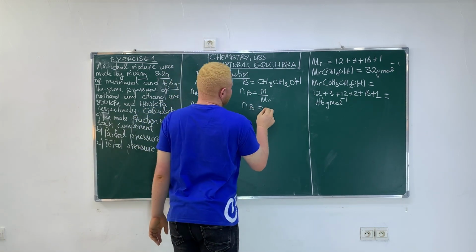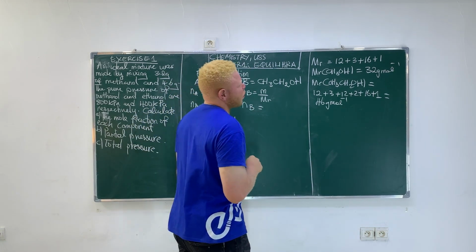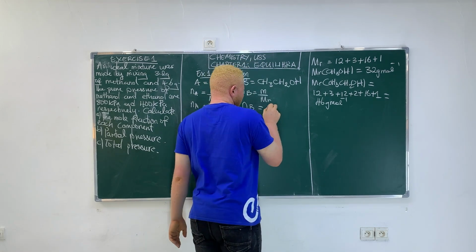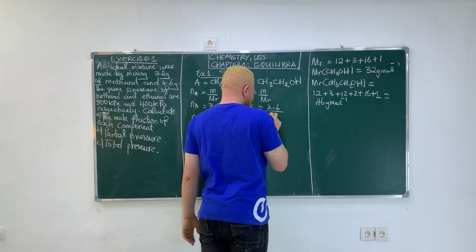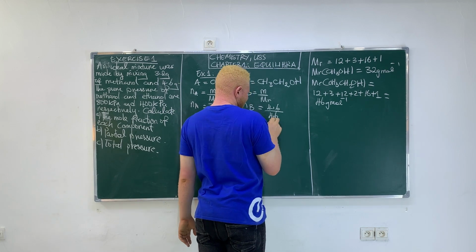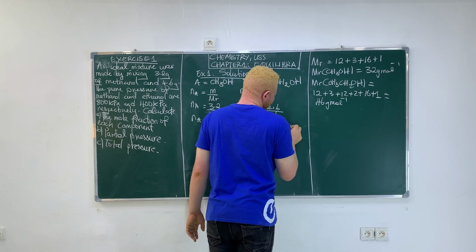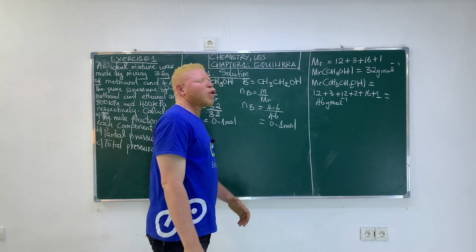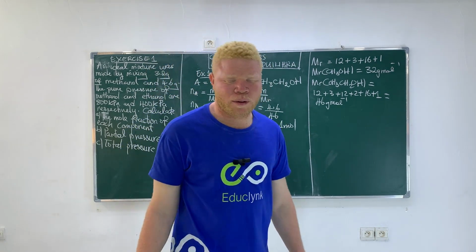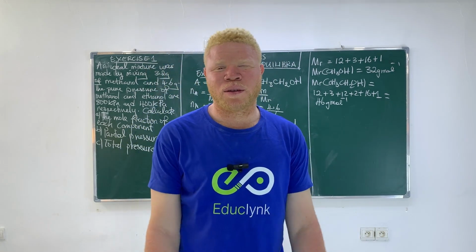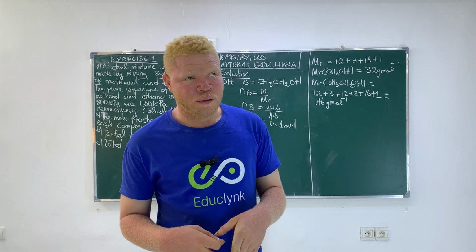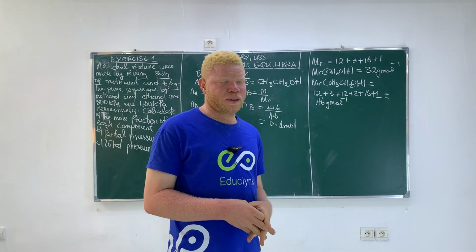For B, the given mass is 4.6 and the molar mass is 46, so the number of moles is 0.1 mole. We have done the greatest portion of the work. After calculating the number of moles, we go on to calculate the mole fraction.